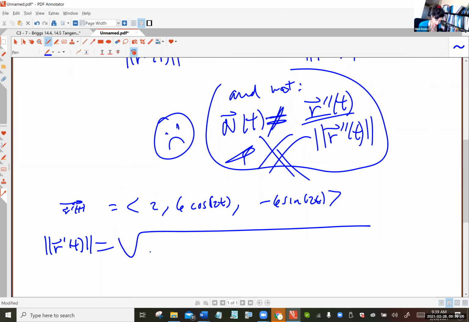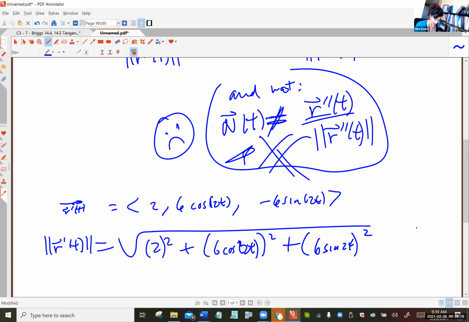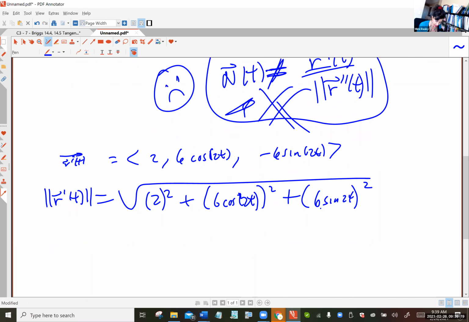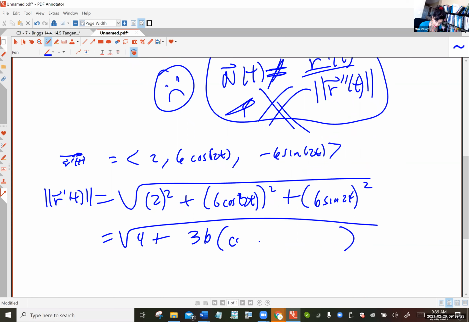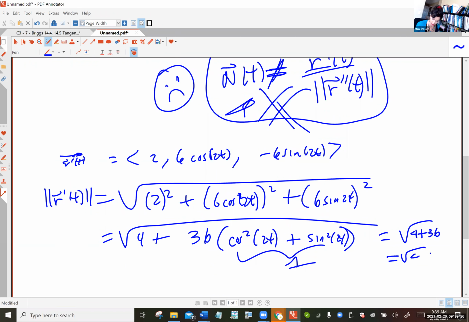And then when you got the magnitude of it, you just took the square root of the sum of the squares of the components. After you cleaned this up and factored out a 36 from the second and third terms, you notice that this added up to 1, hopefully, and then you just got the square root of 4 plus 36, which is the square root of 40.